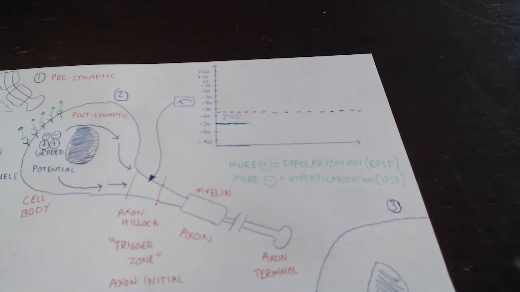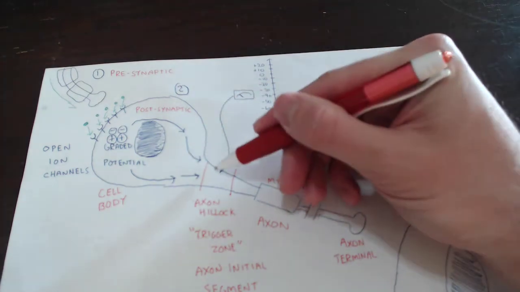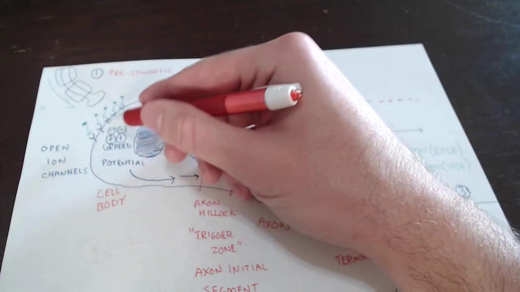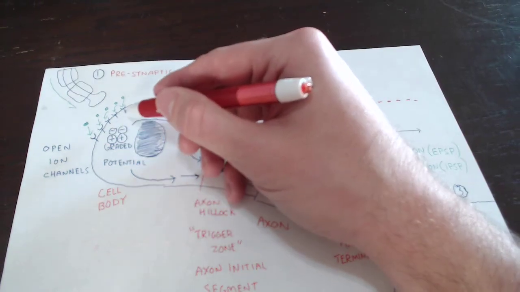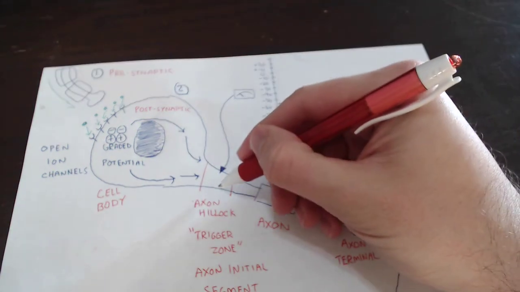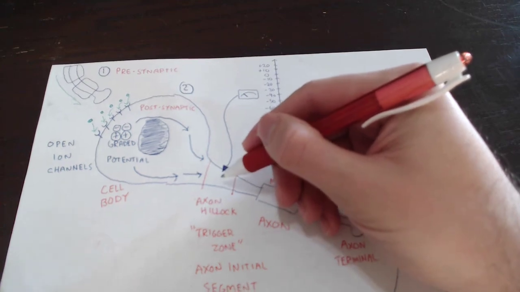That is our threshold value that we have to hit if we want to get an action potential. Now, where we are measuring the membrane potential for this graph is right here at the axon hillock. You can get very drastic changes to the membrane potential in the cell body, but that does not really matter to us. What matters to us is that we have to hit threshold here at the axon hillock.